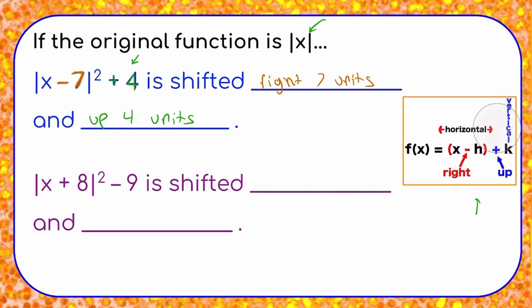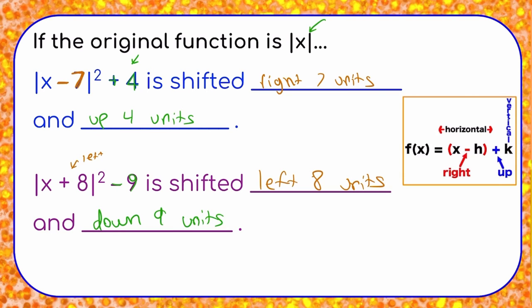Okay, let's do the next one. It looks like the next one is just opposite of the first one. So how can we describe the shift for the absolute value of x + 8, minus 9? So the +8, that's left, so I'm going to say left 8 units, and a -9 at the end, that means down 9 units.